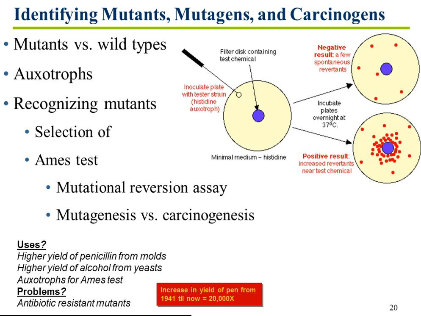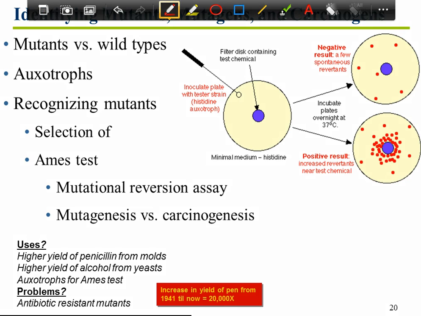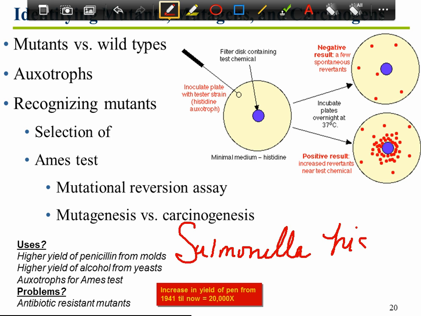We're going to use a Salmonella auxotroph. Let me show you what that would look like, at least write it out anyway. It will look like this. It's written out as Salmonella. That's its genus name. His negative. It's lacking the gene to make histidine. We use this particular mutant because, well, you'll see why.